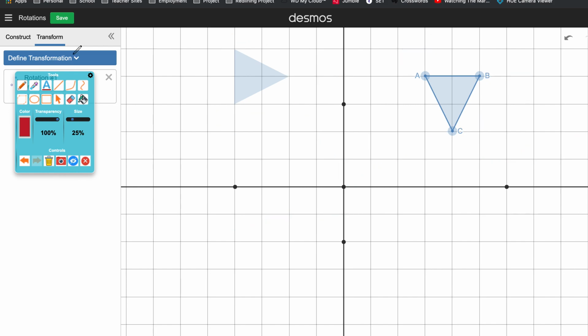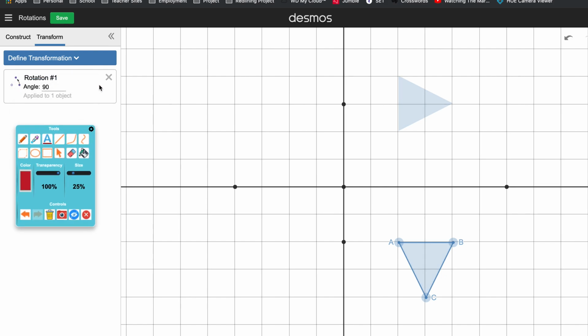Let's take a look at another example, but let's make it a little bit more complicated. And that will be to take this thing and move it down here. Now I'm doing another 90-degree rotation, but let's do this. Let's go ahead and axe that rotation. Let's do another rotation, and let's do it centered about the origin, and let's do a rotation of 270 degrees, and apply it to that.